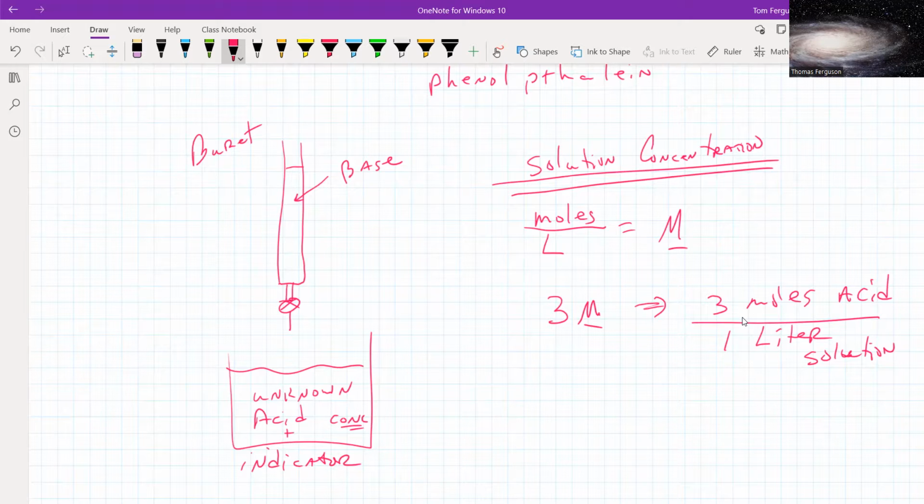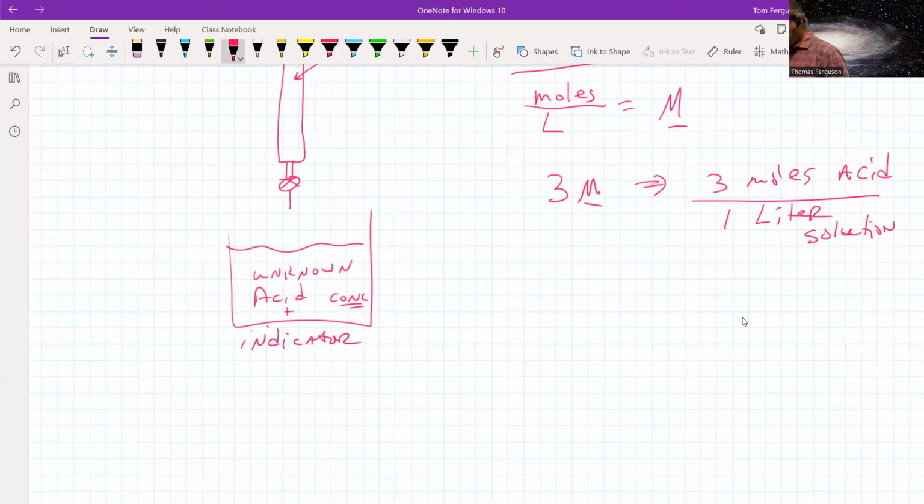What if you have a half a liter? How many moles of acid do you have? 1.5. How did you get that? I took 1/2 liter times 3. Yeah, exactly. This is a dimensional analysis problem.